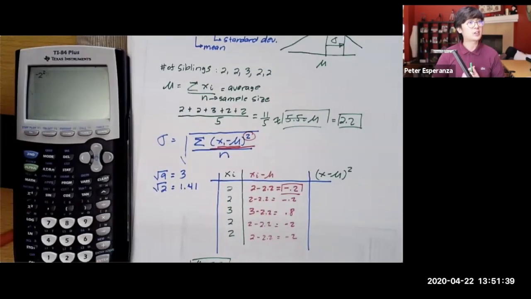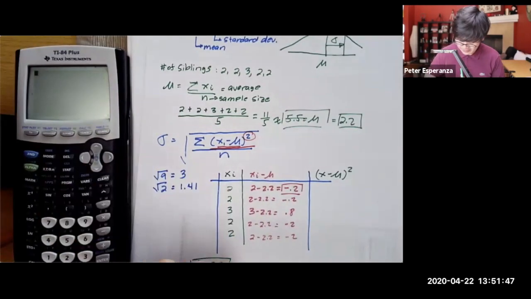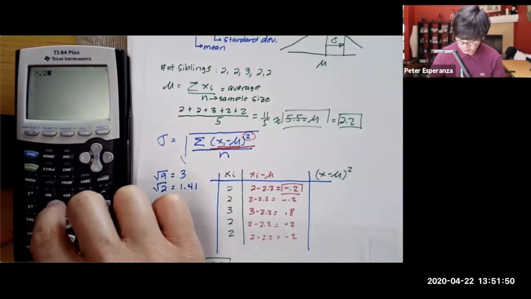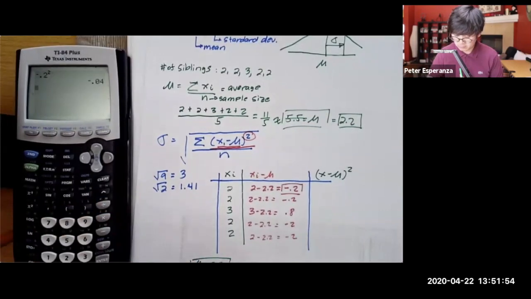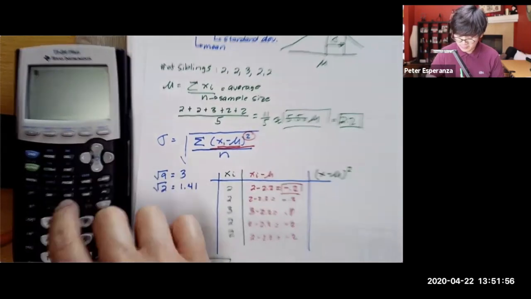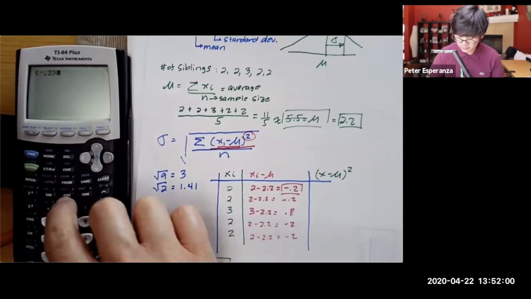Do you know how to find your square in your calculator? Negative 0.2 square. All right.